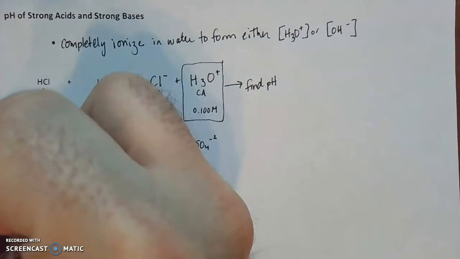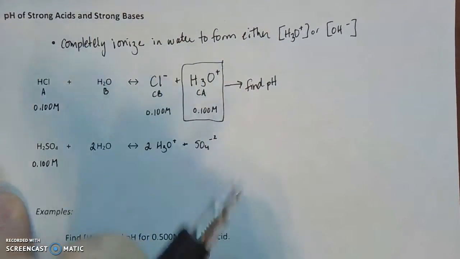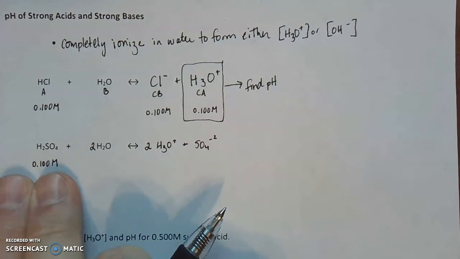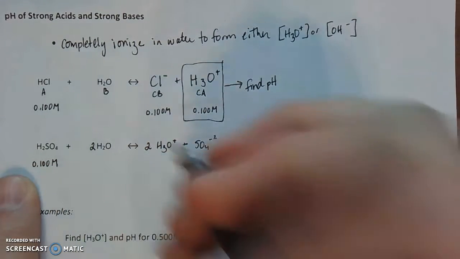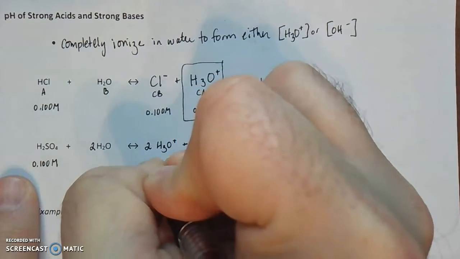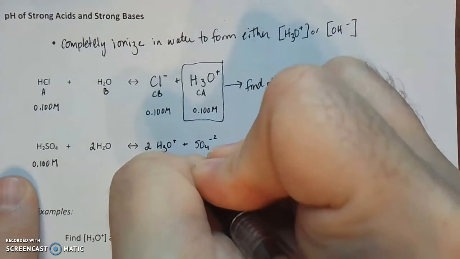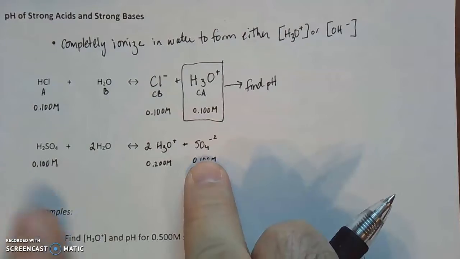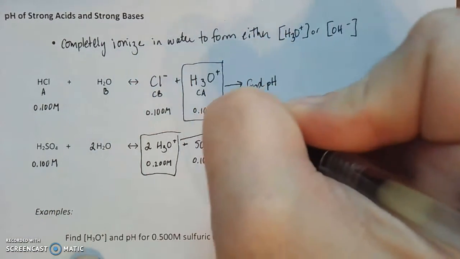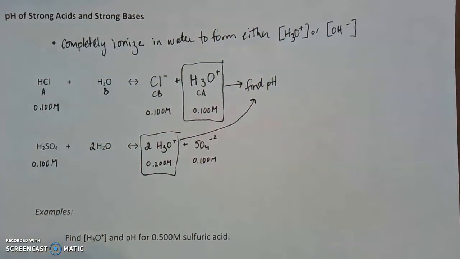So if we have 0.100 molar H2SO4, we have to double that for H3O plus. So we end up with 0.200 molar of this and 0.100 molar of SO4 minus 2. So this then can be used to find pH.